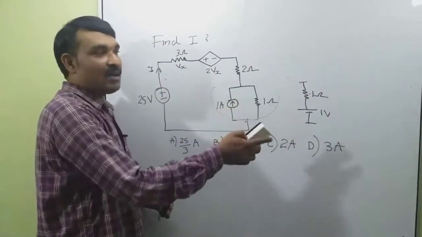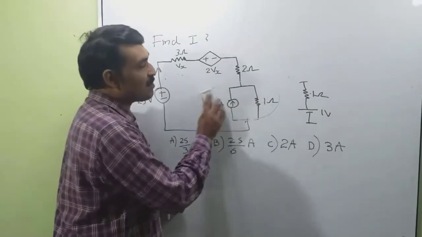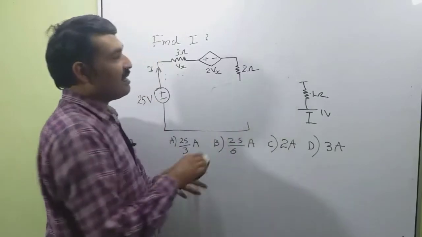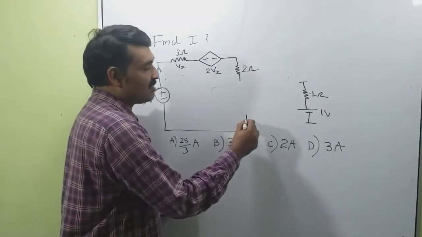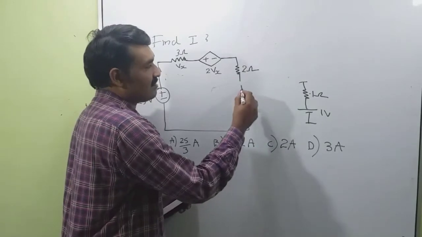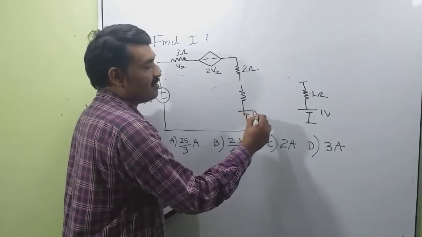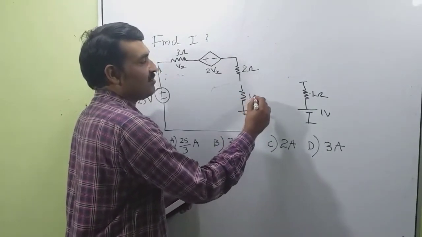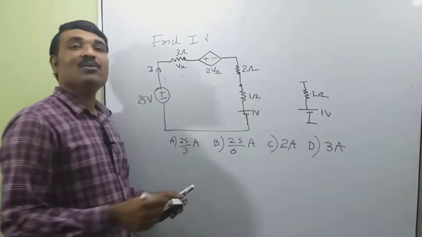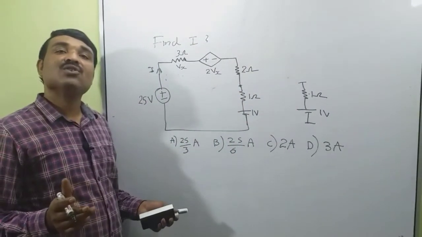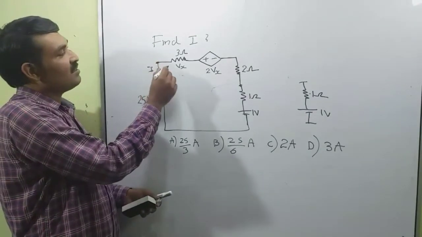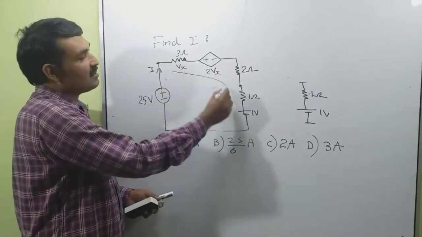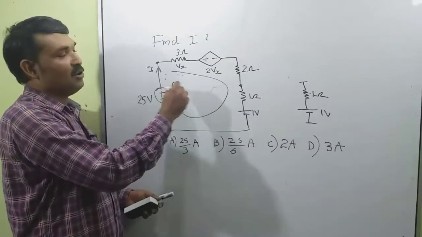Okay, now I am going to replace this branch by a voltage source in series with a resistance. So this will look like this, a 1 volt battery and 1 ohm. Now simply apply Kirchhoff's voltage law. Right, so I am starting from this point, and this is our loop.